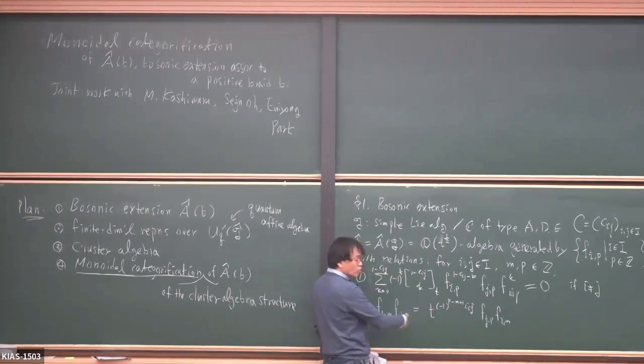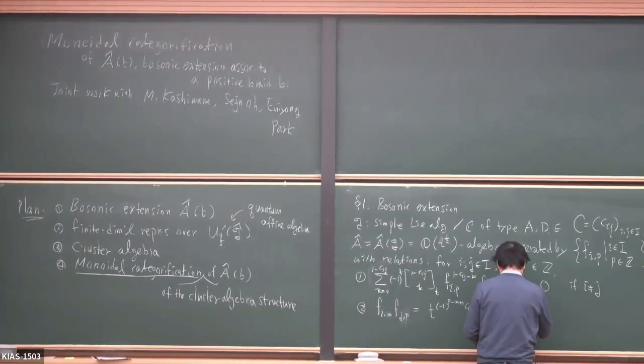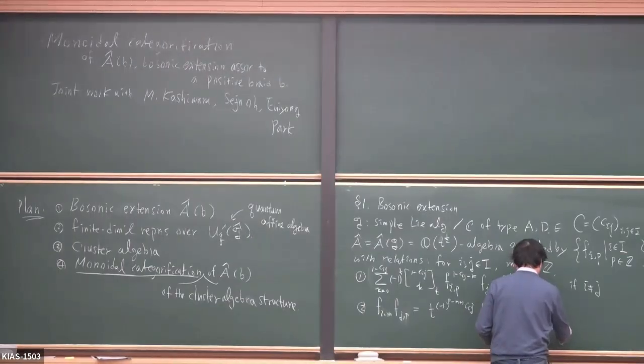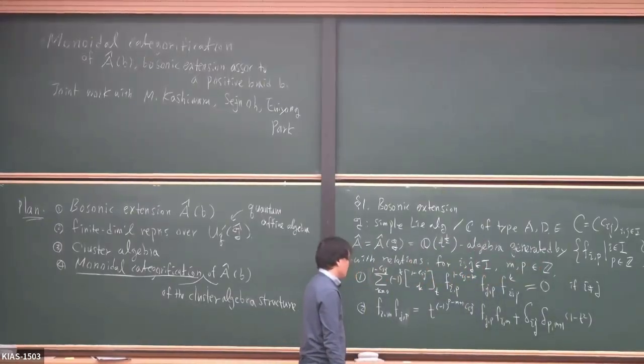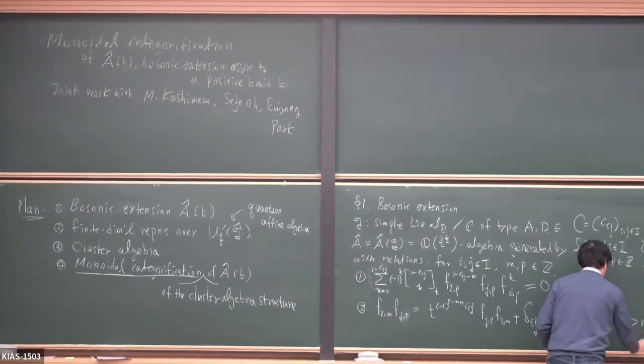So there are some t-commutation relations together with some error terms. The error term is given by this formula, delta_ij times delta_{p, m+1} times (1 minus t squared), here if p is larger than or equal to m.